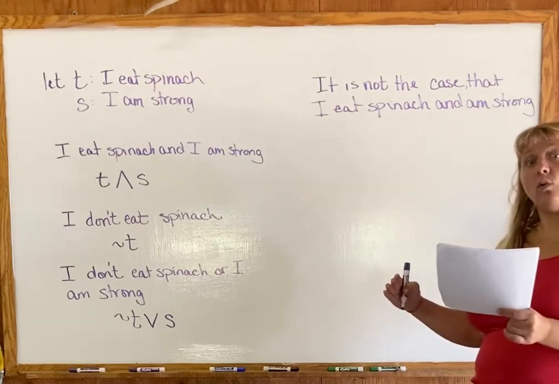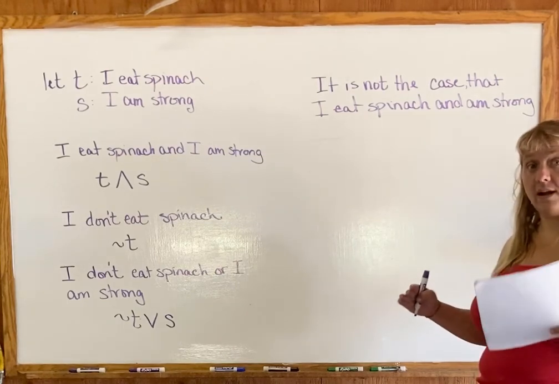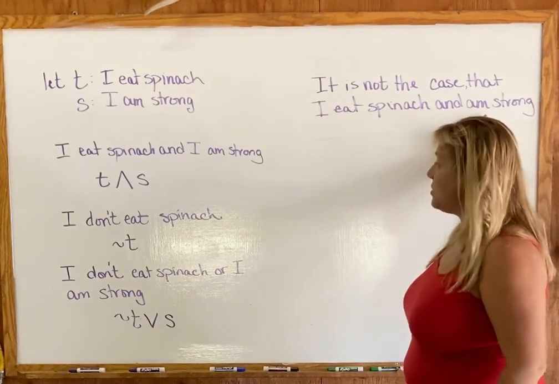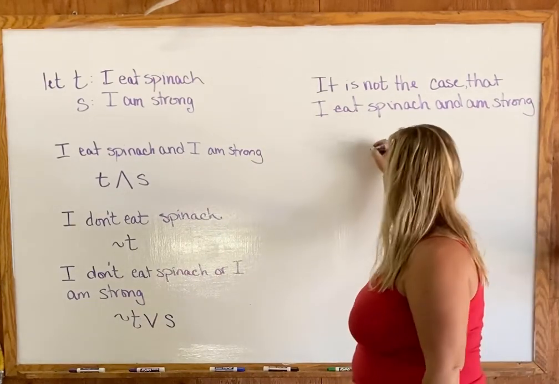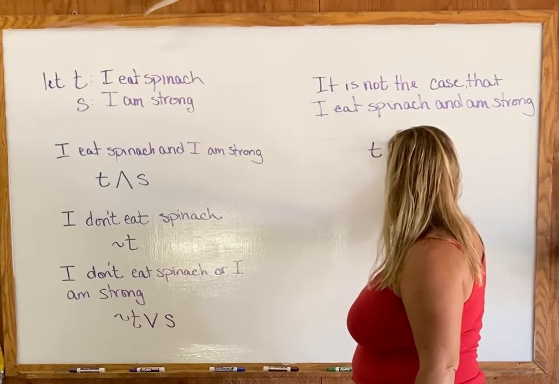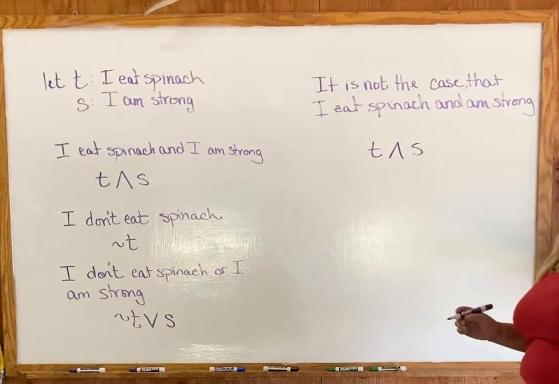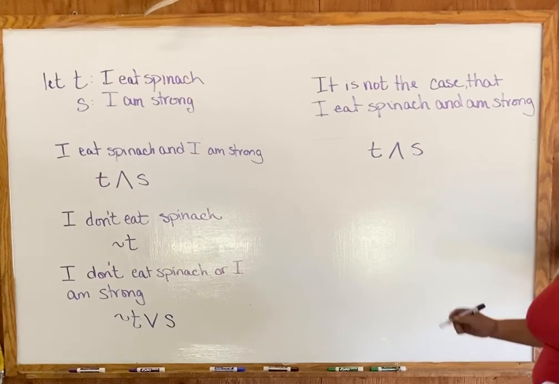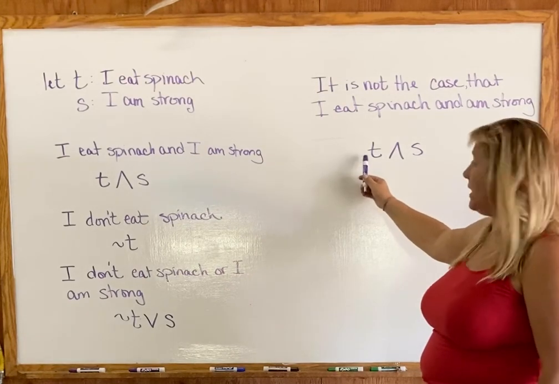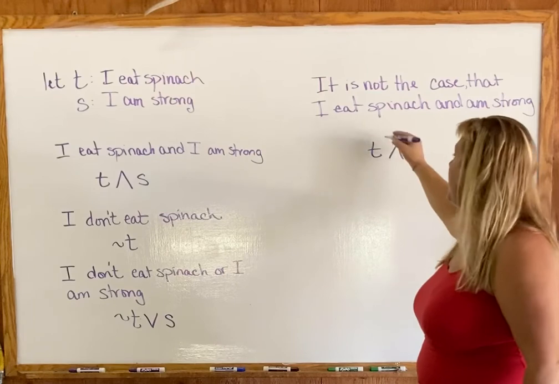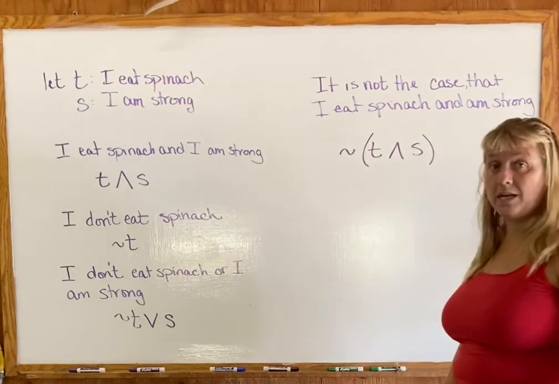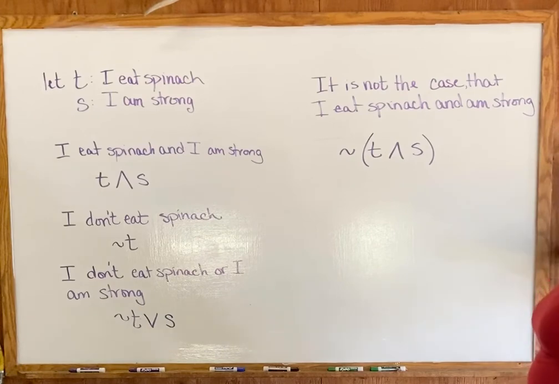But it is not the case that I eat spinach and I am strong. Those guys are already conjoined together. They are already a conjunction. So we want the I eat spinach and I am strong. We already have that guy. So what we're looking at is this one. But what we need to tell people is that this is not the case. So it doesn't mean that we're going to put a squiggle here and a squiggle there. What it means is we're going to put parentheses and put the squiggle, or the not, out front.